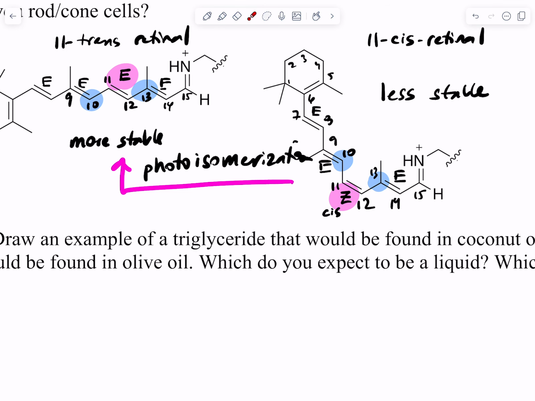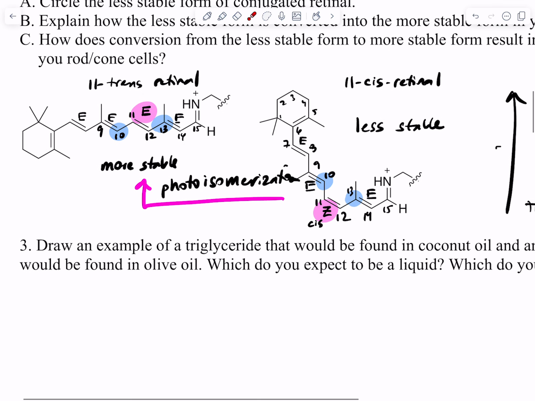In fact, your body specifically takes trans-retinal after the fact. Once this happens, the protein has been activated, and there's some events that happen downstream that I'll tell you about really briefly that convert that motion into a signal that your brain interprets as vision.